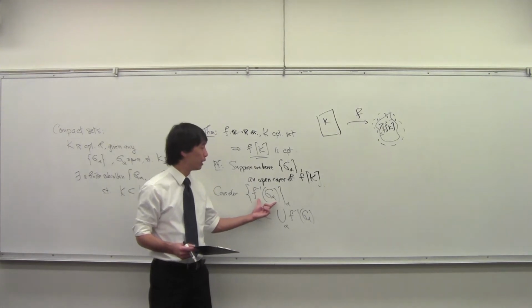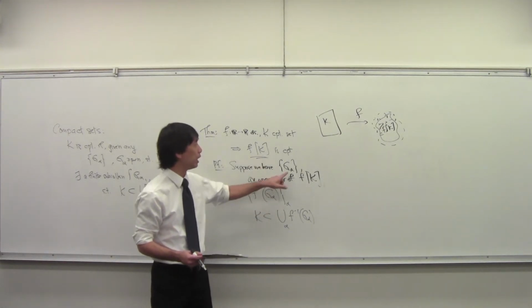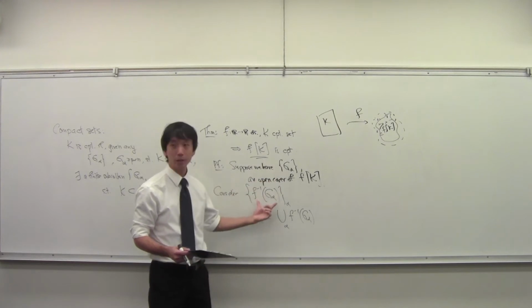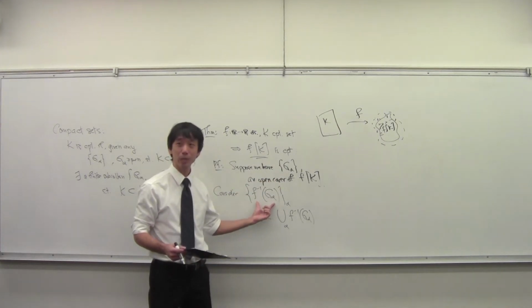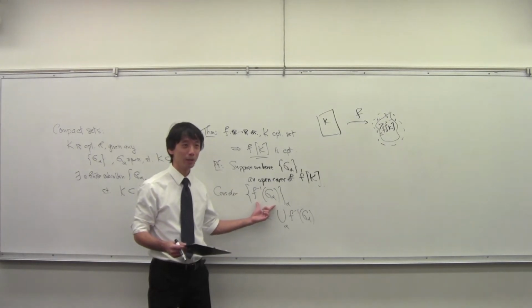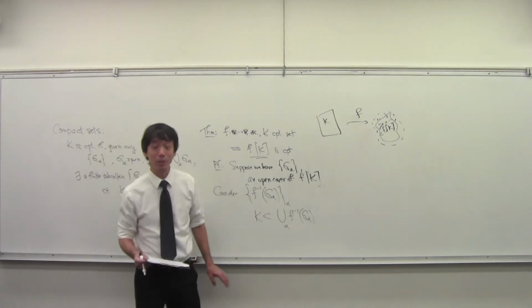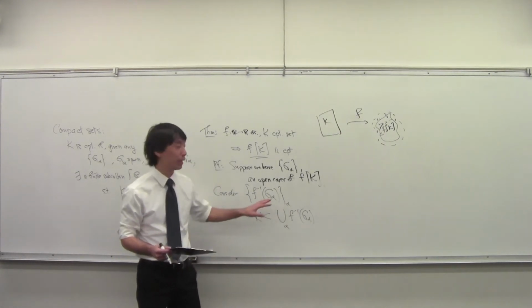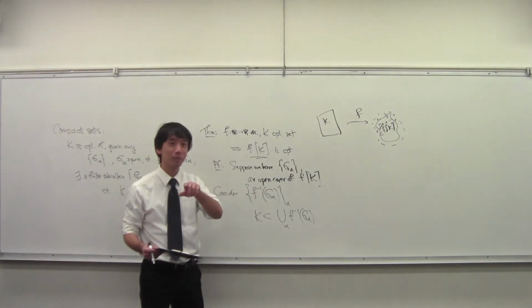No. Why? The G alpha were open, right? Why are the pre-images of the G alpha open? Why is each F inverse G alpha open, Nick? It's one-to-one. Not because it's one-to-one. Anybody remember? This is the topological definition of continuity. Since F is continuous, yes, exactly.